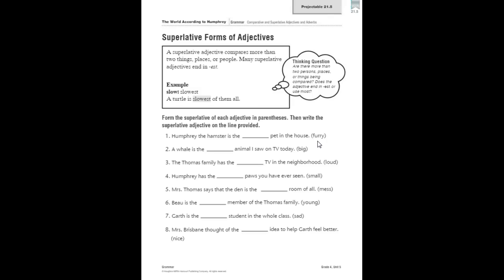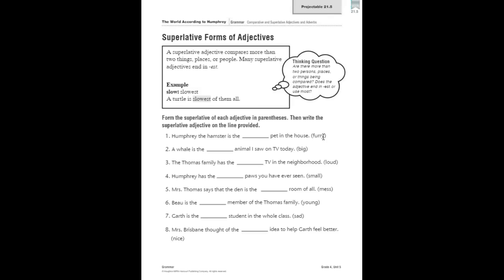So here we have a word that ends in Y. So when our word ends in Y, we need to drop the Y and add an I before we can add our ending est. So he is the furriest pet in the house. Number 2, a whale is the what animal I saw on TV today. What would the superlative form of big be?